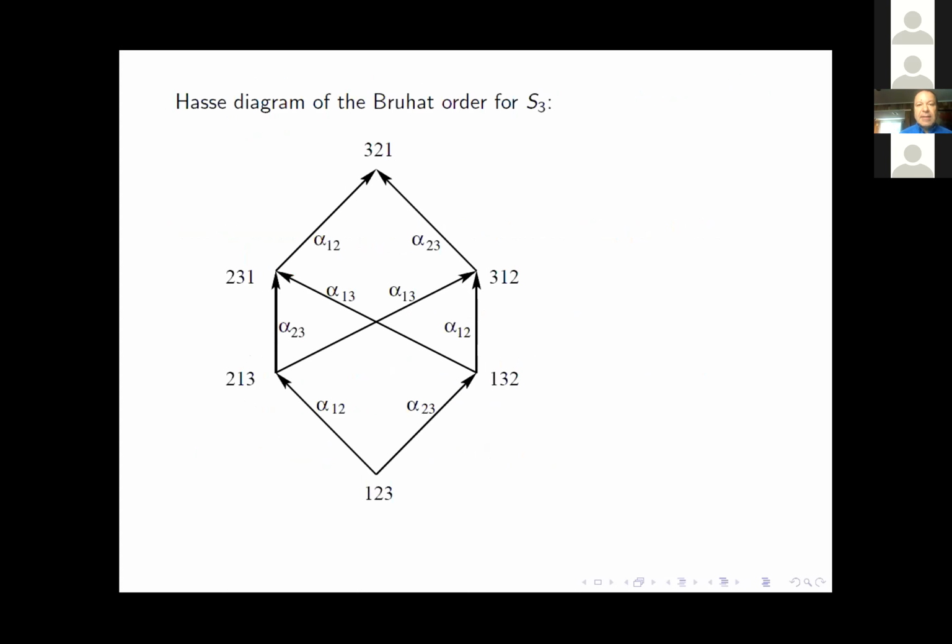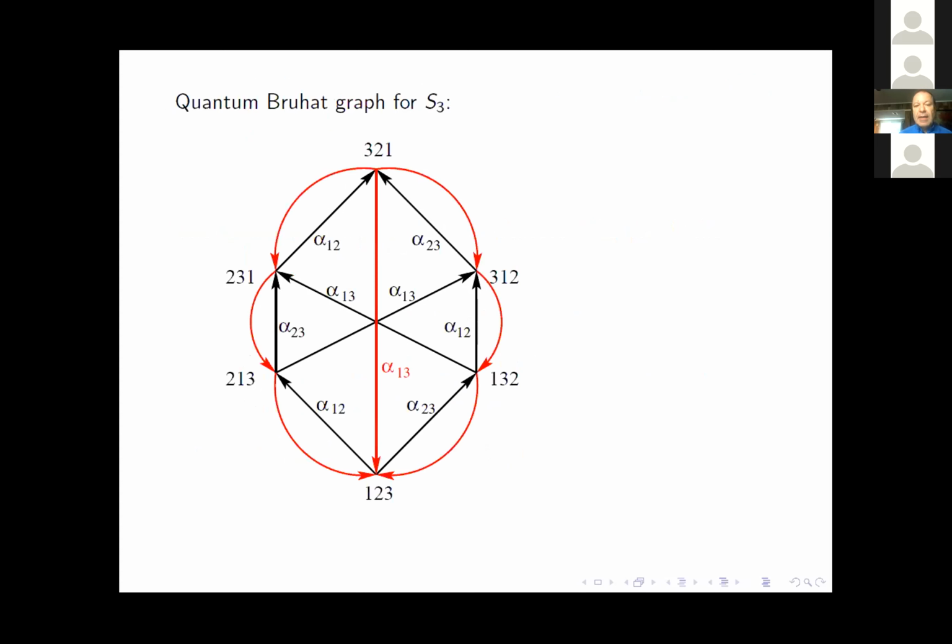So this is the Hasse diagram of the Bruhat order for S_3 with the labels on the edges. Alpha_ij is the root epsilon_i minus epsilon_j. And then we also have to add these down edges, these quantum edges. For instance, we have a down edge from the longest element 3 2 1 to the identity, because we can switch 1 and 3, and there is a large decrease in length from length 3 to length 0.